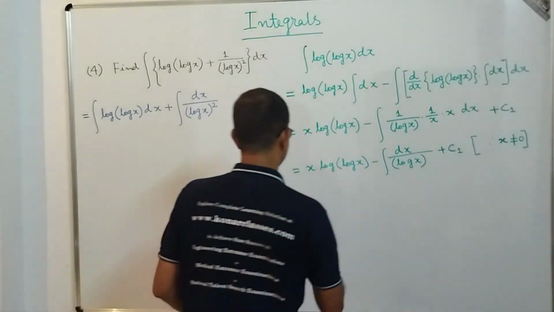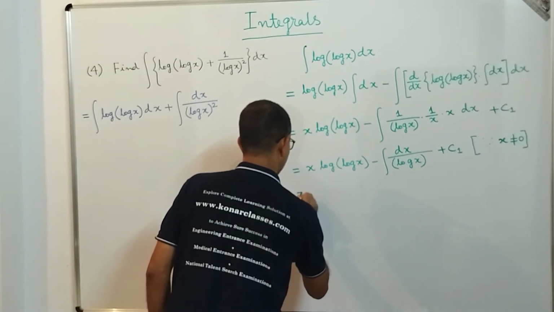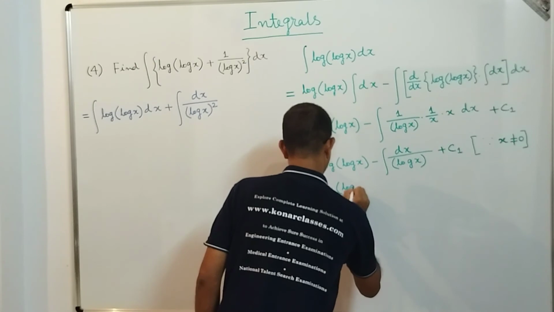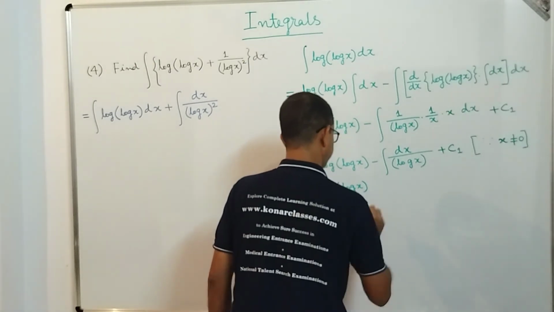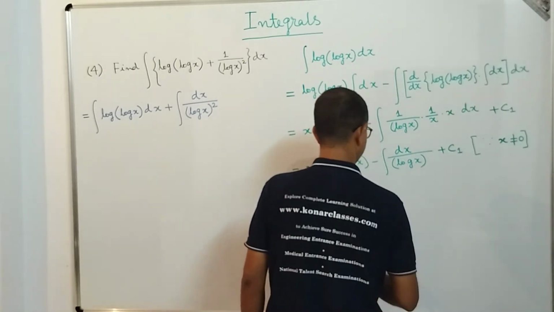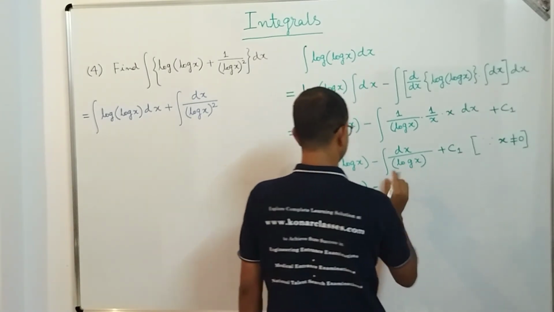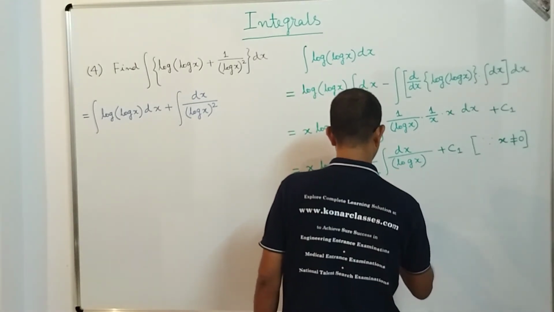So what we can write here? So x log of log x as it is there, let it be there, minus. So we consider 1 by log x as the first function. So let me write everything here.